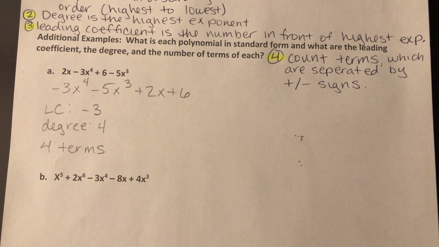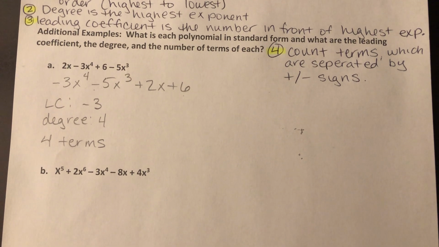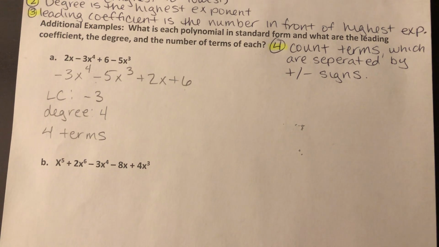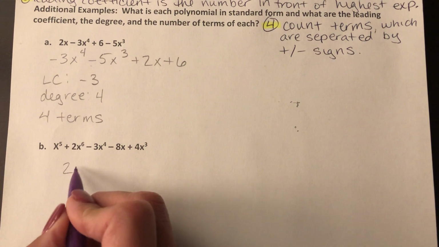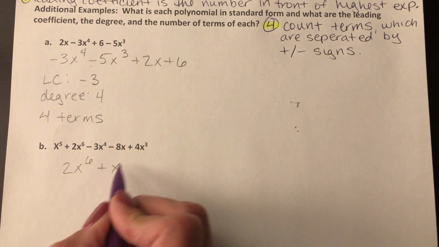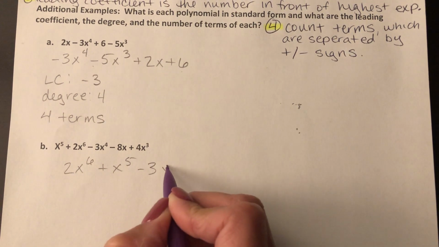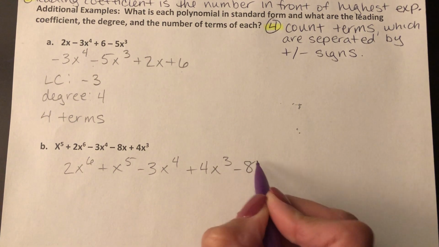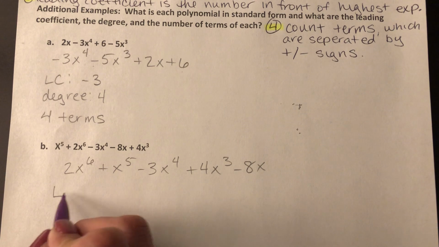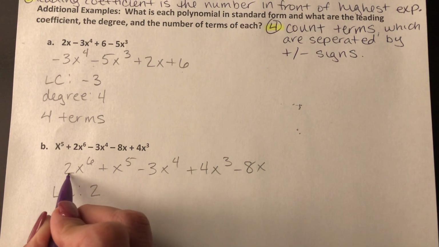All right, the next one. Look to see if you can combine any like terms and then put them in descending order. And that is what you end up with. Leading coefficient is 2, positive 2 there.